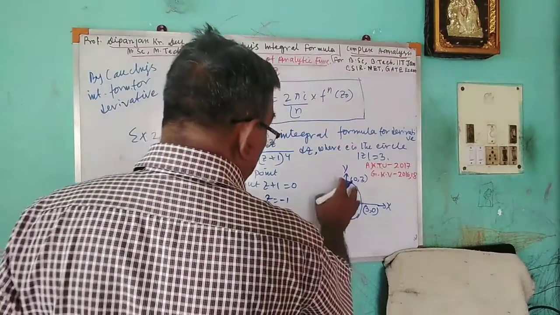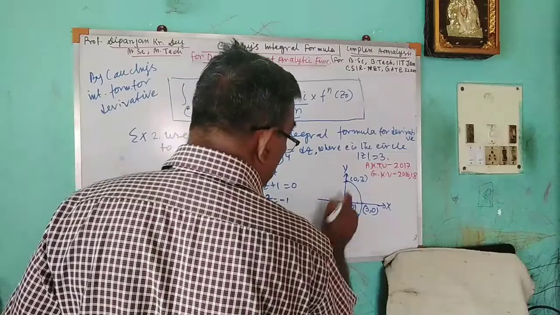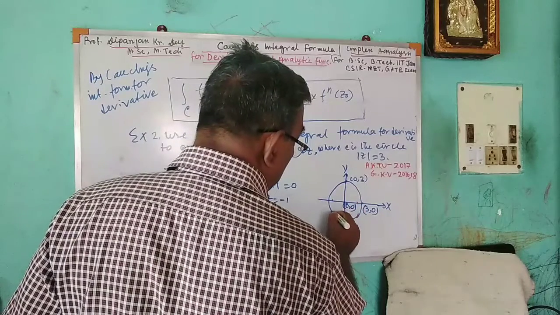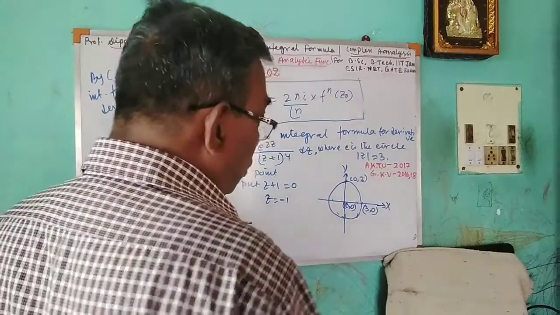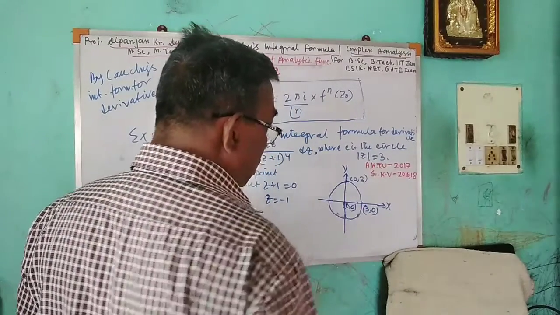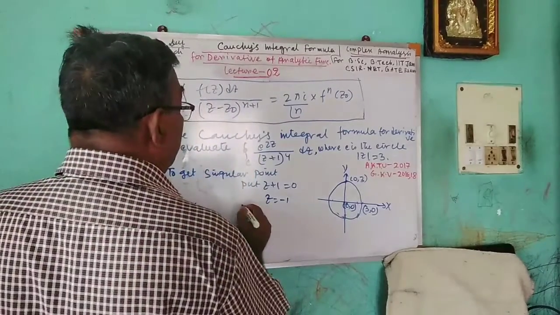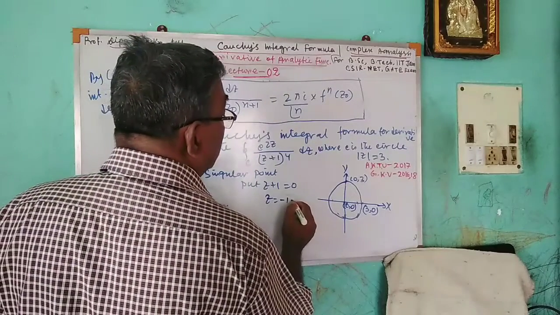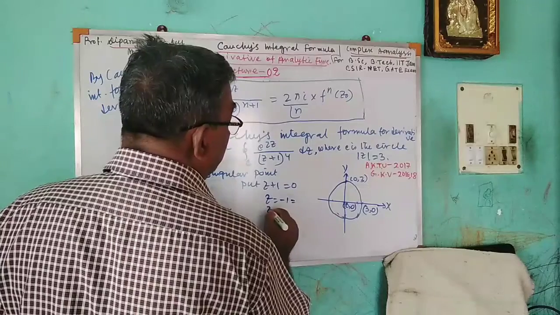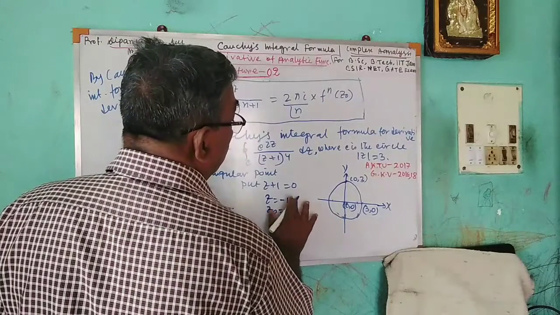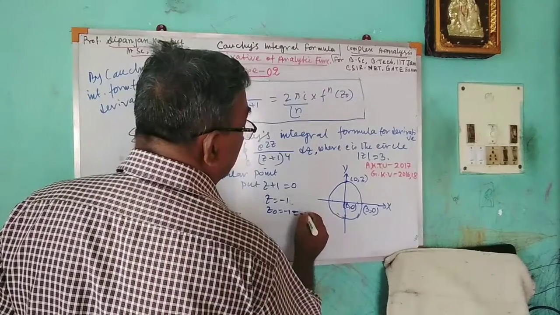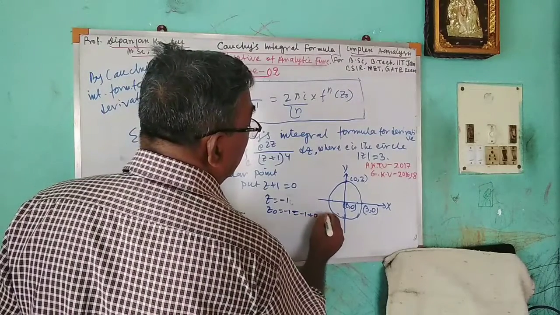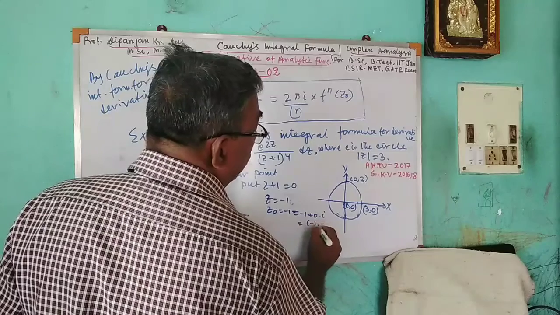So this circle I am showing here. Z equal to minus 1, that means Z0 equal to minus 1. This can be written as minus 1 plus 0 into I, that is minus 1 comma 0.